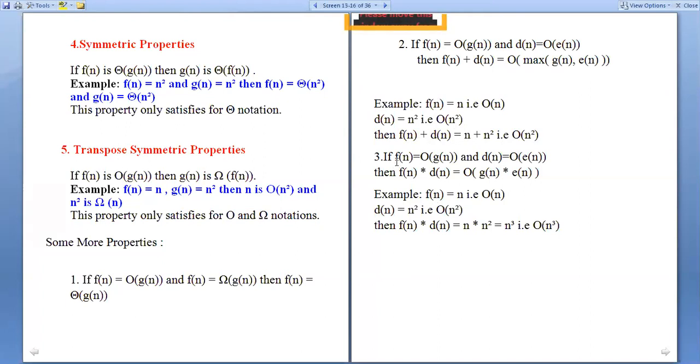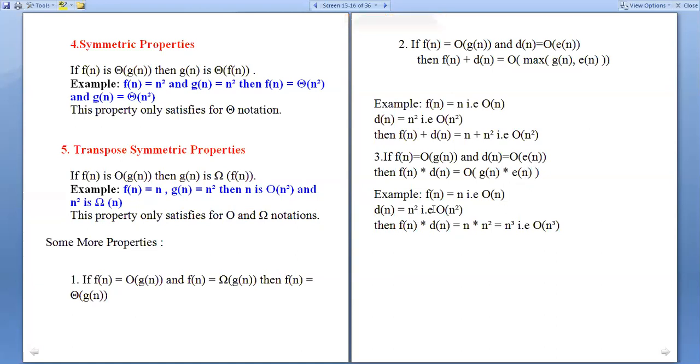Another property is f of n is equal to big O of g of n and d of n is equal to big O of e of n. Now consider f of n star d of n. We are multiplying these two. That is the same as big O of g of n star e of n.